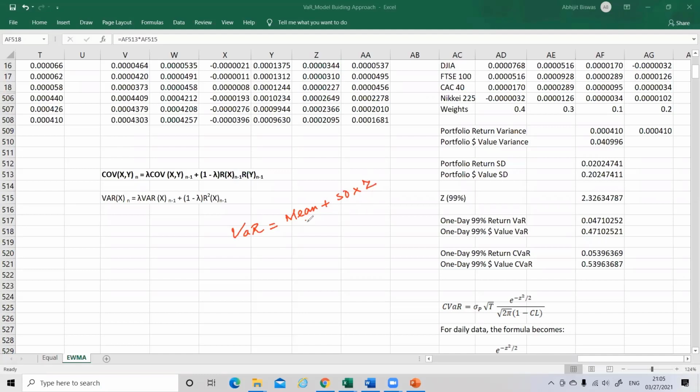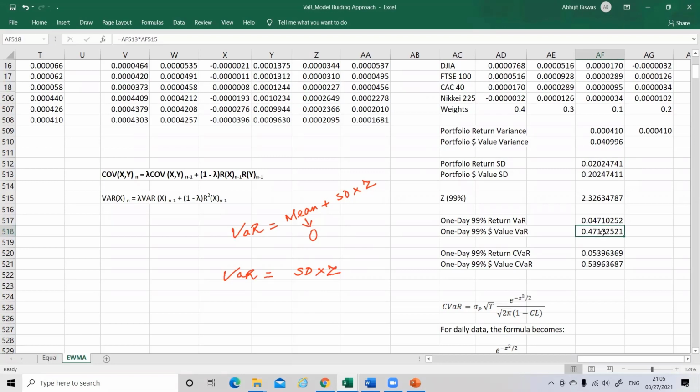That's the basic formula. Mean is almost equal to 0, it tends to 0, that is why it is omitted. And then the formula becomes VAR is equal to SD into Z. So that is what we have done.